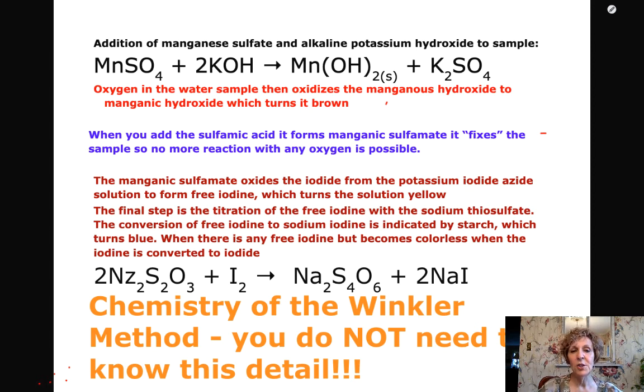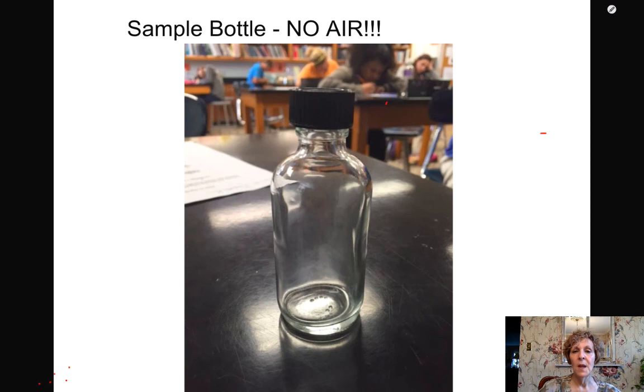What you do need to know is that when the material that we are titrating becomes colorless, that's our endpoint, and we can calculate the amount of what we are adding in our syringe, and that is going to be equal to our dissolved oxygen. So just a little quick tip, when you get your water sample, you want to completely submerge the sample bottle in the water so it's overflowing the top.